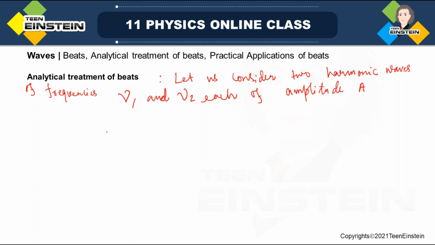We can write these two waves with frequencies nu1 and nu2 as y1 = a sin(omega1 t) and y2 = a sin(omega2 t). We know omega is equal to 2 pi nu.